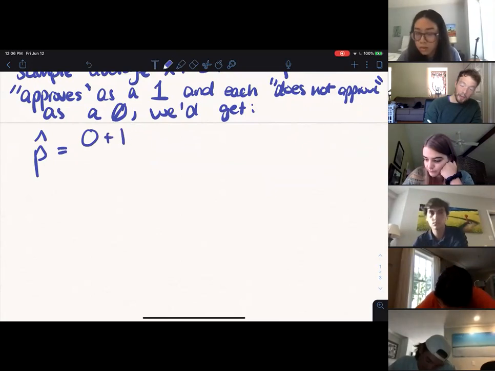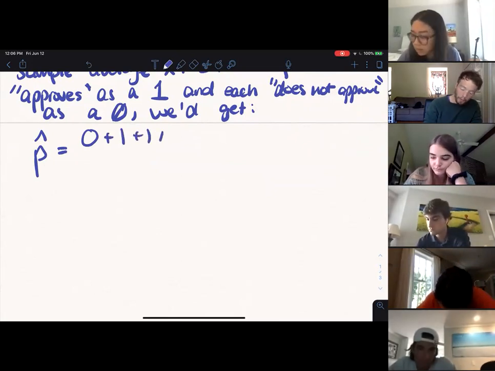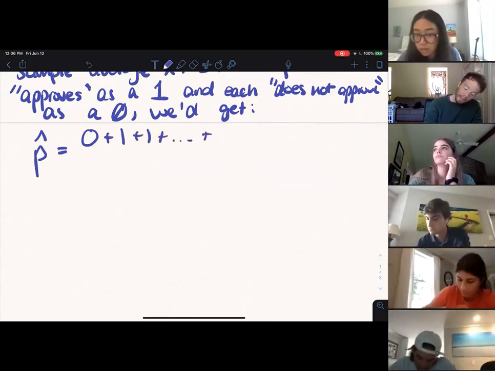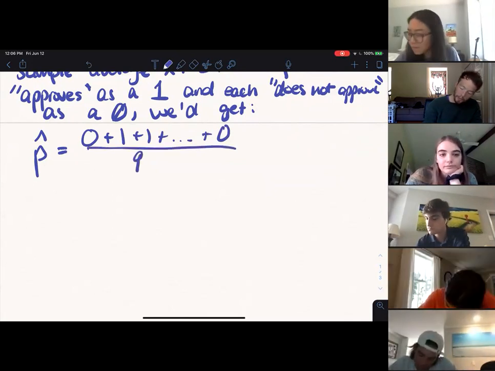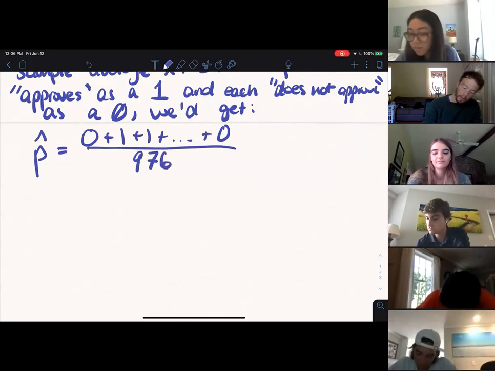Maybe the second person said approved, and then another approved, and so on and so forth. Maybe the last person said they didn't approve. Over the total number of respondents, which was 976, and this looks very much like an average.